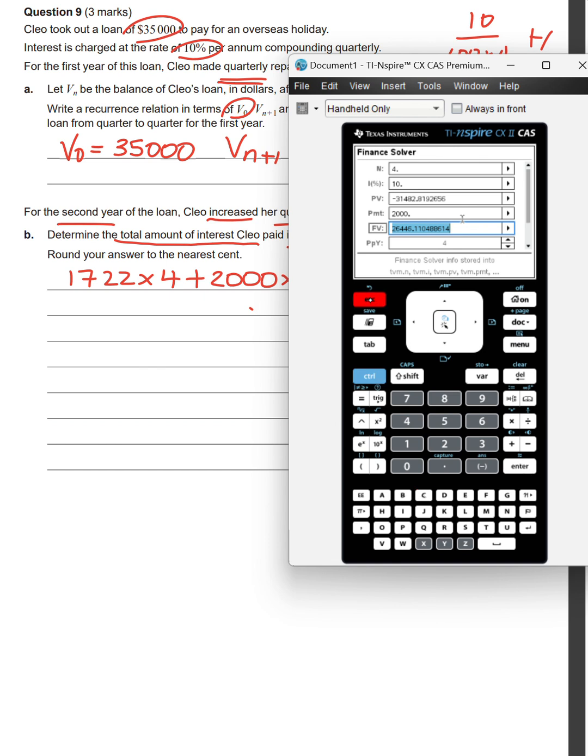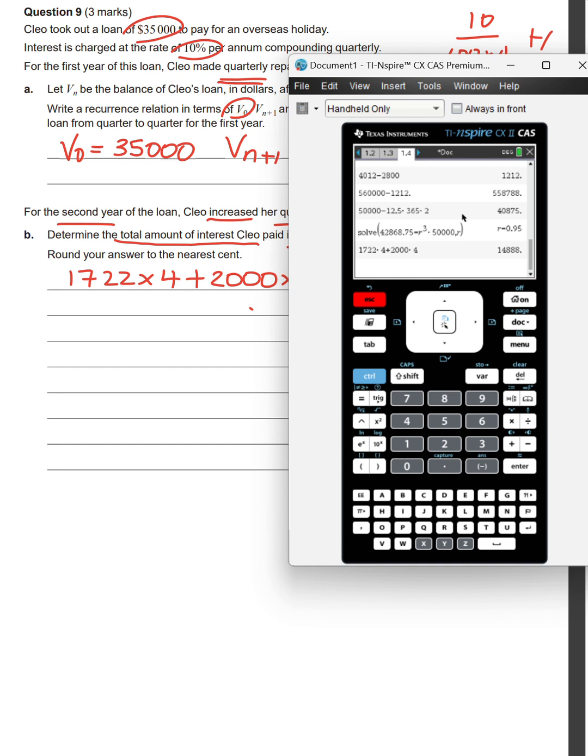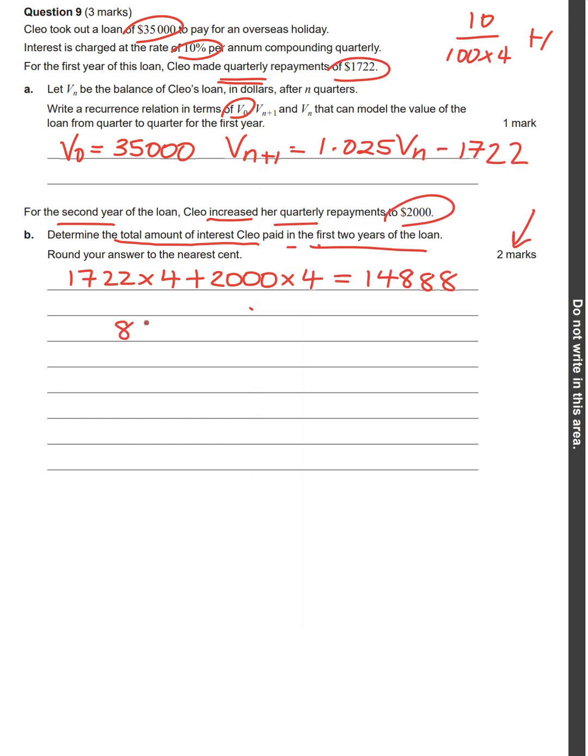Okay, so that's how much is left, which means that I have to find out how much it depreciates by. So it started at 35,000 and it's decreased this much. So that has actually reduced the value of the loan by 8,553.89.